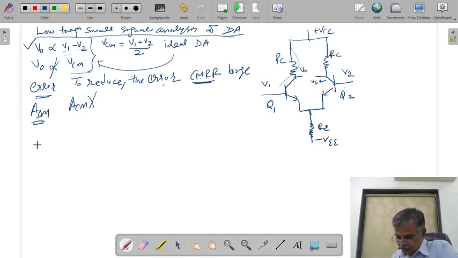So, you know this CMRR is differential gain upon common mode gain. If this is very large, then this tends to 0.